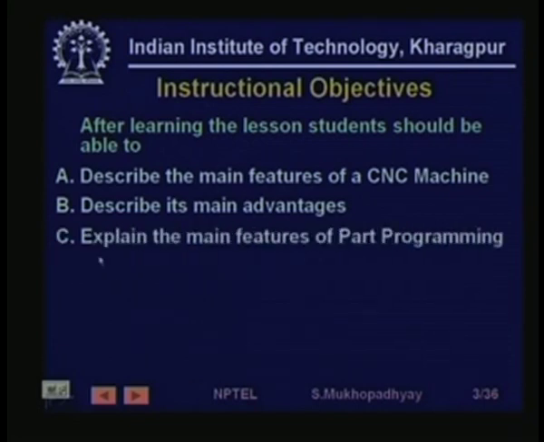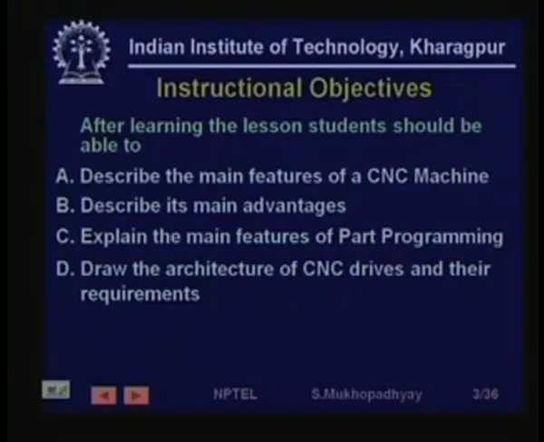Explain the main features of part programming, because these machines are automated, they can be programmed. So the programs are called part programs. So we will see some basic features of part programming. And finally, the drives. The CNC machines create motions, all machines create motions, especially machines which are used for manufacturing.